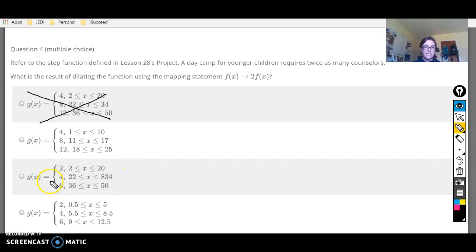These two functions didn't double our number of counselors. They're still at 2, 4, and 6. This last function not only doubles the number of counselors, but it keeps the number of children the same, which makes sense. If you've got younger children, you're going to need more help for the same number of those children.